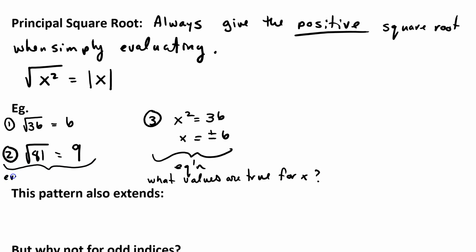So when we are evaluating, we simply give the positive. But when we're solving an equation, so this is solving, we're asking the question, what values are true for x?